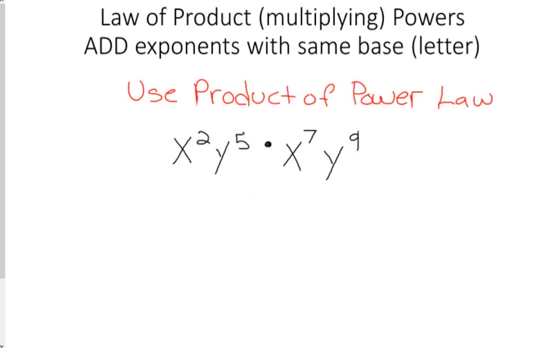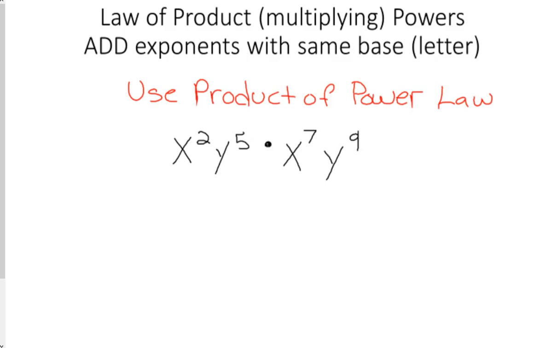So let's take it up a notch in this review of our Algebra 1. It says use the product of powers law to now multiply this. And if you notice, we have x squared y to the 5th times x to the 7th y to the 9th. How would we attack this?